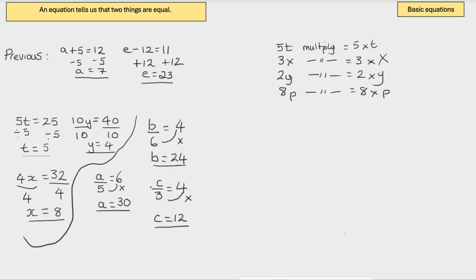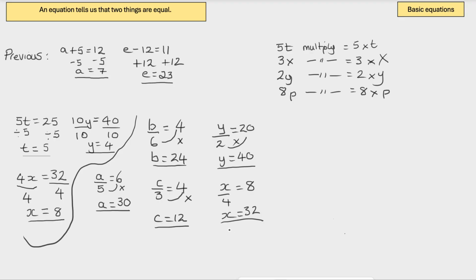Let's do another one because these are a little bit more tricky. Let's do Y over 2 equals 20. Same again, we times. So our Y equals 40. And one more. X over 4 equals 8. We know we have to multiply, so X equals 32.